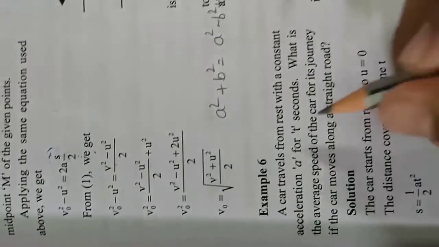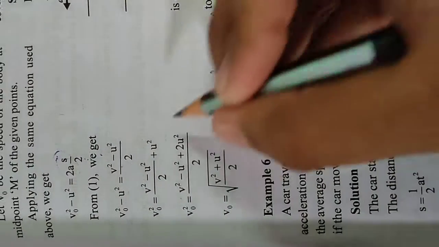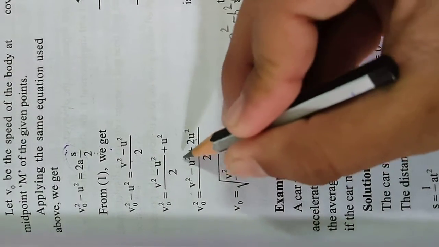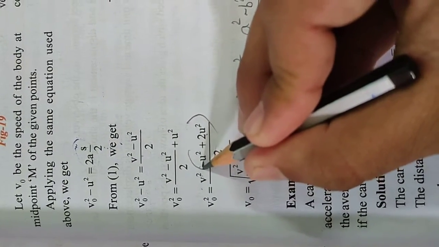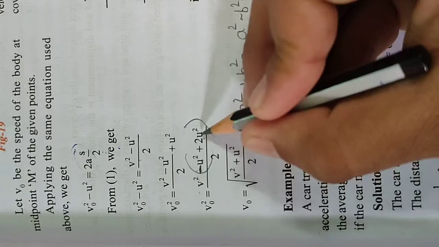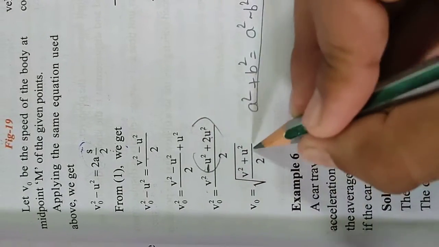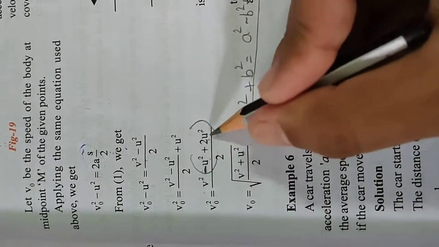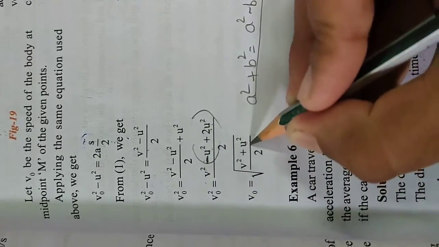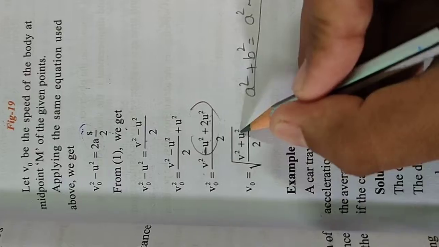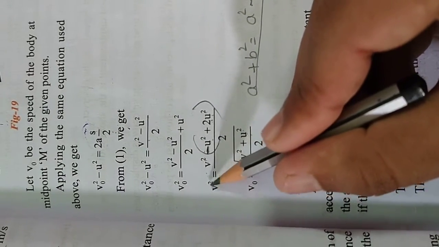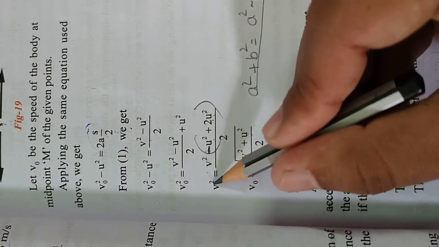Oh no, not this formula. Actually there is no v here, so we need to subtract these terms. Here we have minus u square, minus u square; we have to subtract these terms. 2u minus 1u we will get u square. Now squaring on both sides.